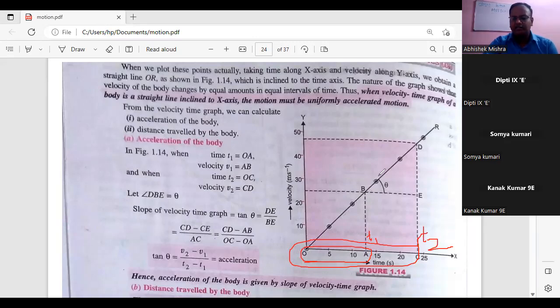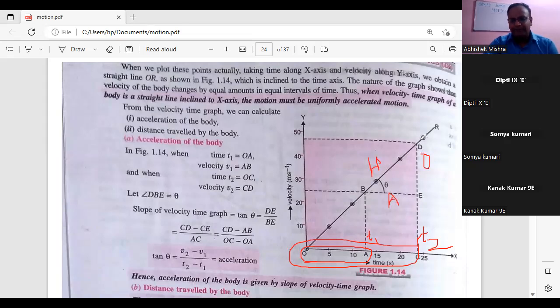Students, have you done tan theta in trigonometry? No, till now? No problem. Tan theta is perpendicular by base, where this is the hypotenuse of a triangle, this is the opposite side, and this is the adjacent side.